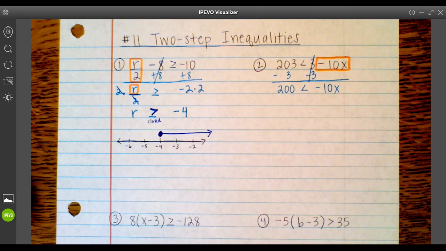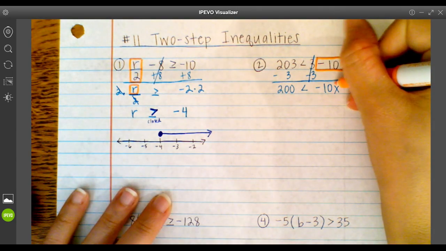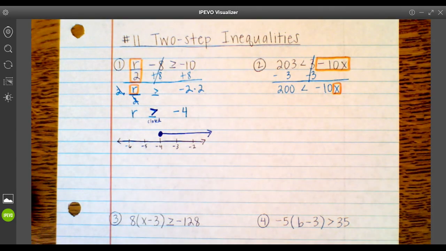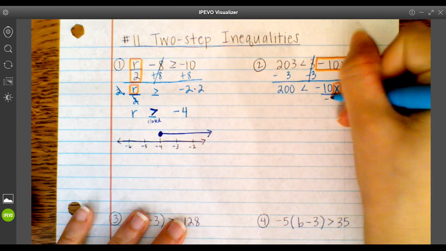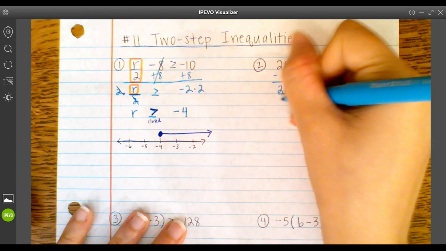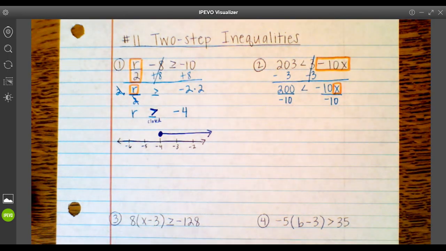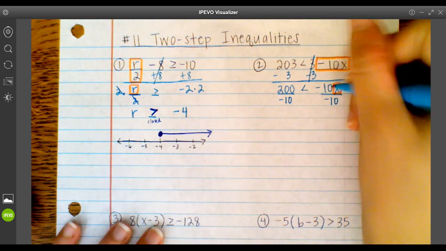Now, to get x by himself, we need to undo that negative 10 sitting directly in front of it. So if it's directly in front, we undo this by division of negative 10. Yikes, now be careful. This is dividing by a negative.